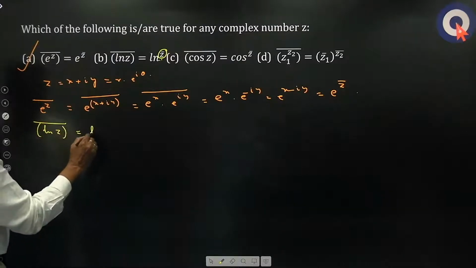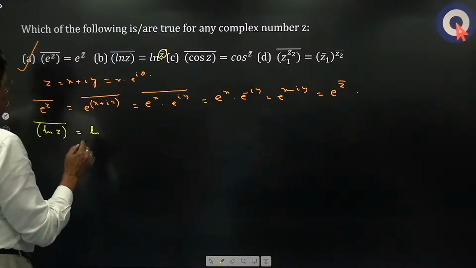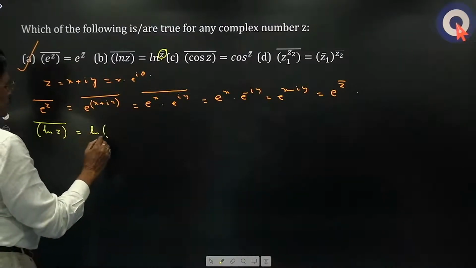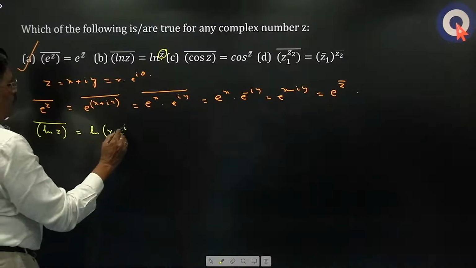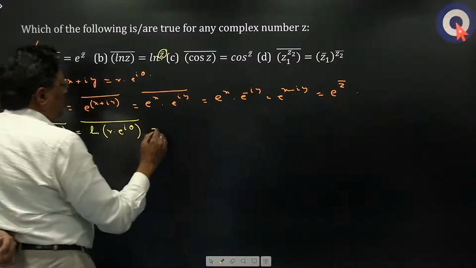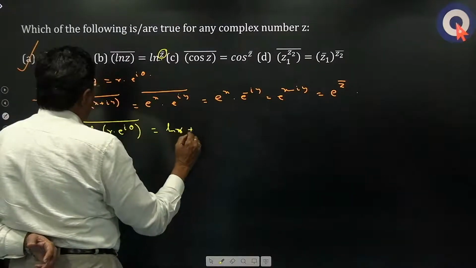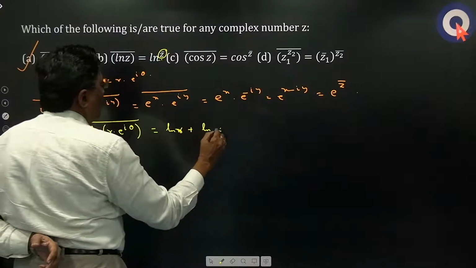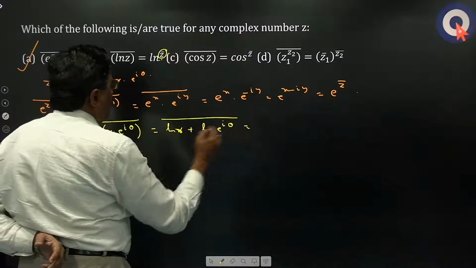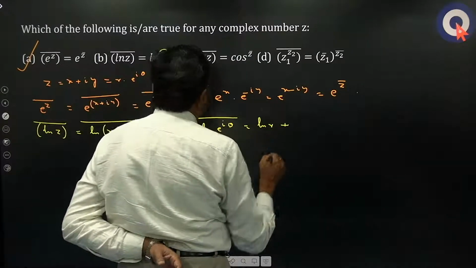So this is log of r into e to the power of i theta, its conjugate. So this is log r plus log e power i theta. Anyway, ln r is real, it will get out of the conjugate symbol.